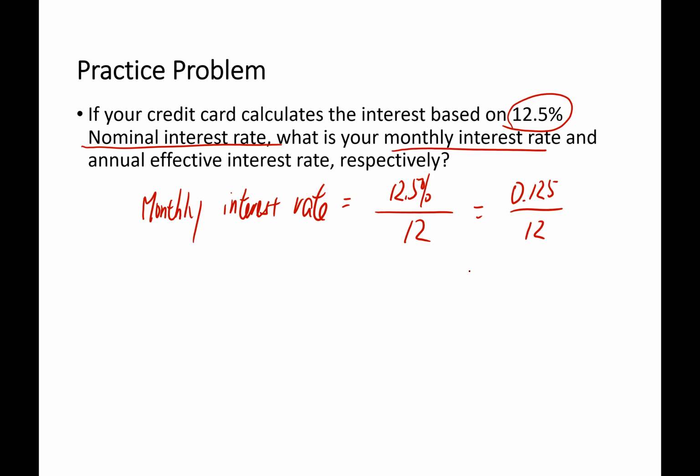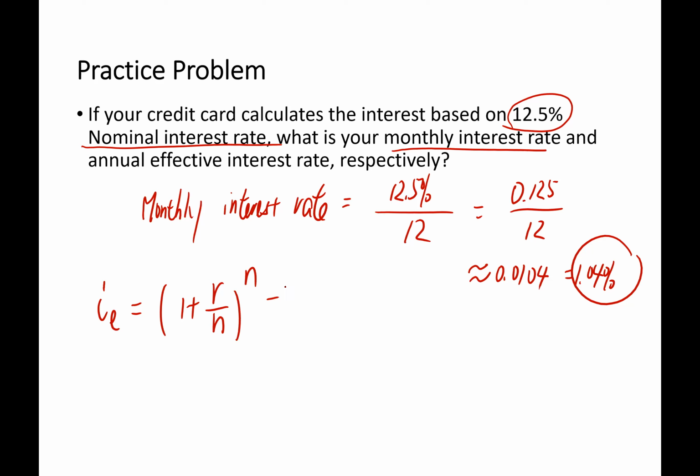This is approximately 0.0104, so about 1.04% on a monthly basis. To find the effective interest rate, you apply the formula: i equals 1 plus r over n, to the n, minus 1.